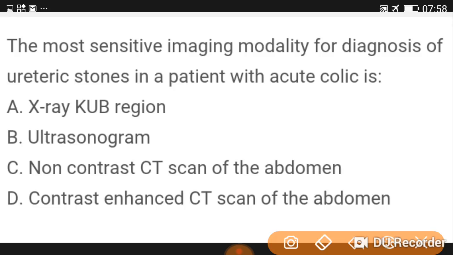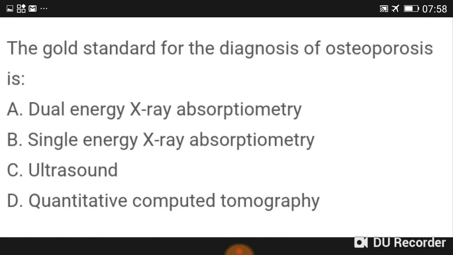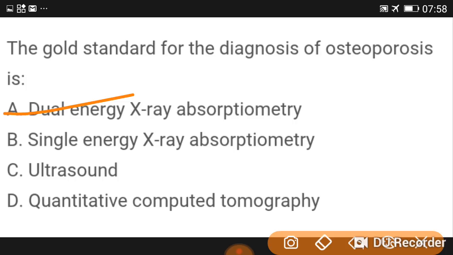Now, the most sensitive imaging modality for diagnosis of a ureteric stone in a patient with acute colic is NCCT, non-contrast CT scan of the abdomen. Gold standard for the diagnosis of osteoporosis is dual energy X-ray absorptiometry.